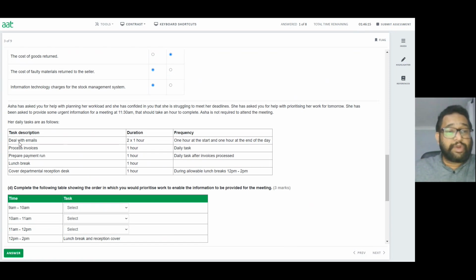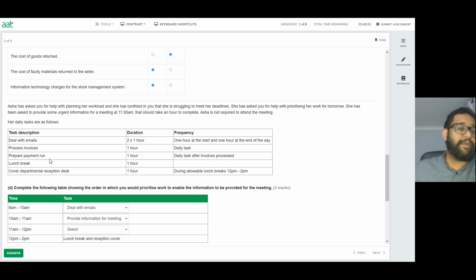So the first job is to deal with the emails. It comes as the biggest priority, because sometimes there may be urgent emails that require people's attention. So the person has to deal with the emails first. And then obviously the second job is going to be providing information for the meeting. Then you have to choose which one comes next, because you have to process the payment. You can then prepare the payment run.